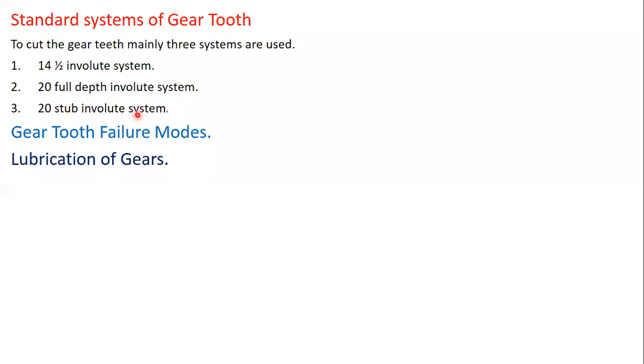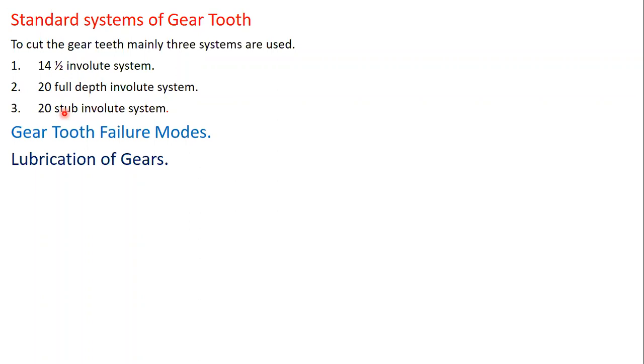The last one is the 20 degree stub involute system. In this system, the addendum, I'm going to cover that in the terminologies of spur gear. There I will tell you what is meant by addendum.